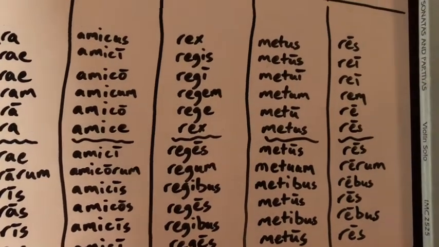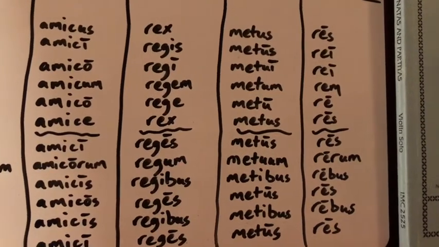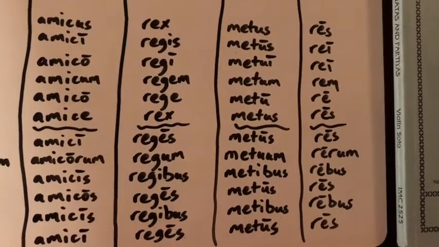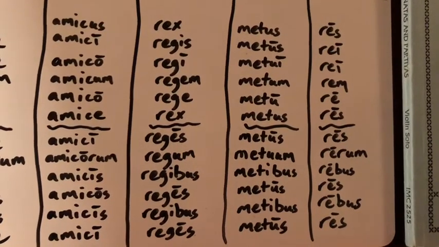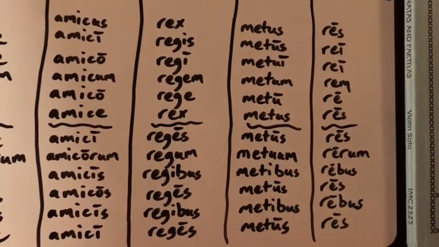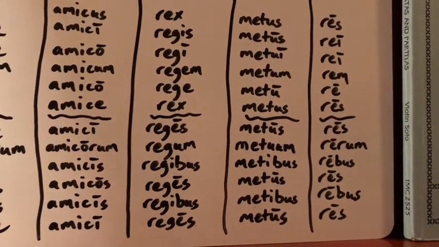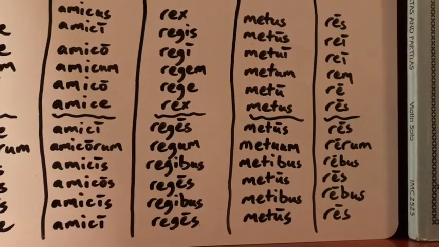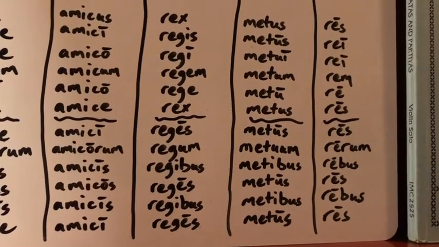All right, then you've got third declension, okay? Third declension, there's a lot of variation here, but third declension can be recognized by that is in the genitive. So this is going to be your s, is, i, em, e, es, um, ibus, es, ibus. Okay?